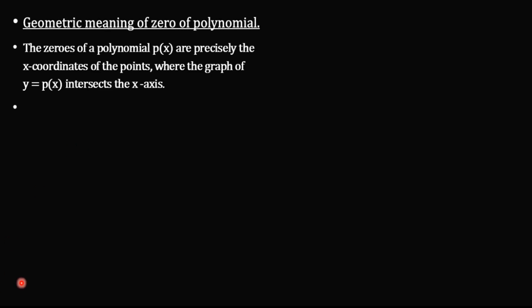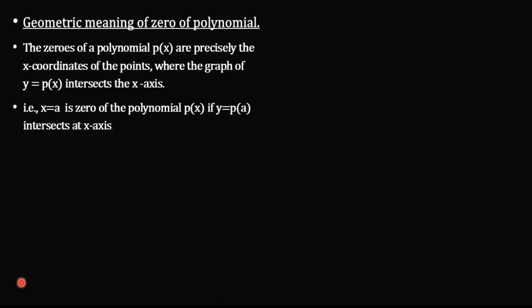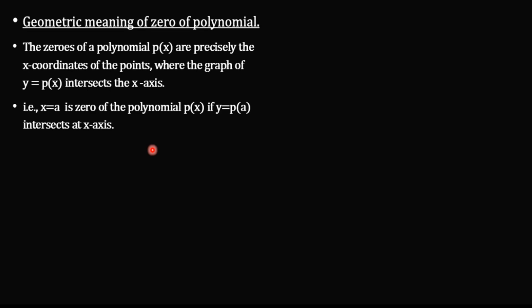Next, x equal to a is a zero of the polynomial p of x if y equal to p of a intersects the x-axis. That is, if the graph of a polynomial intersects the x-axis, then that point is a zero of the polynomial.